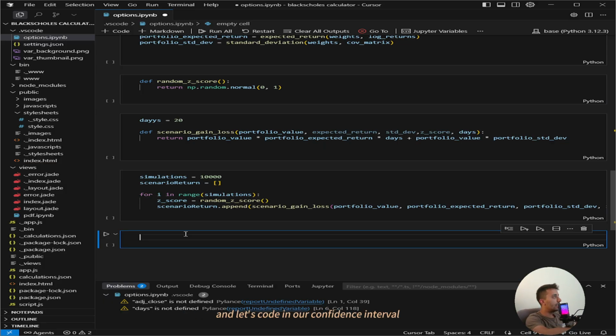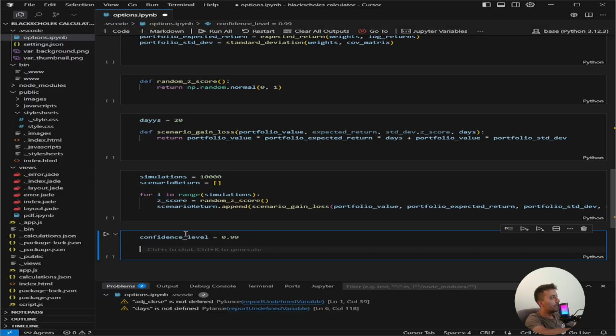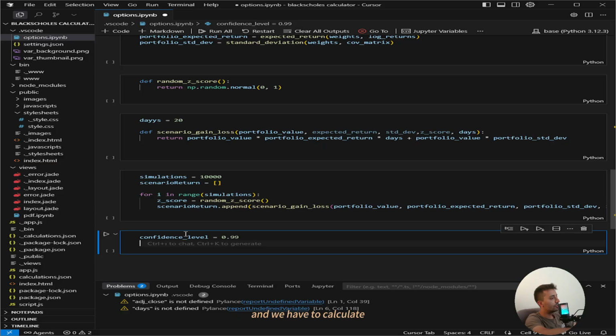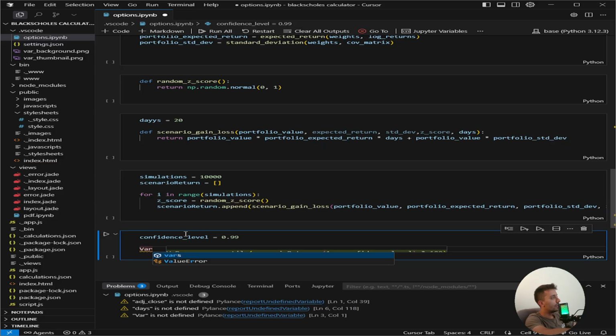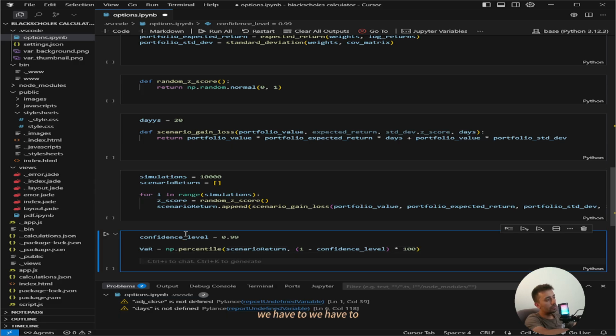And let's code our confidence interval. Confidence interval level is 90. Then we have to calculate the NumPy percentile of scenario return with confidence level. Yes, this is true, but minus. Yes, this is right. We have to calculate our value at risk here.